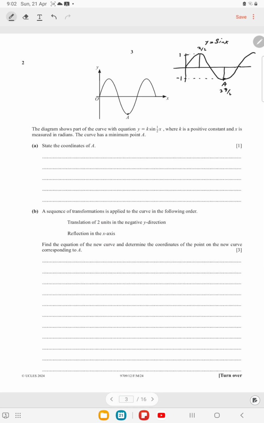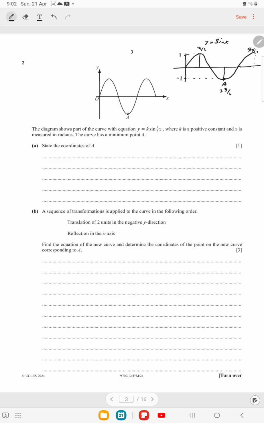The turning points: at pi by 2 it is a maximum, at 3 pi by 2 sine is a minimum, and again at 5 pi by 2 it will be a maximum, and so on.